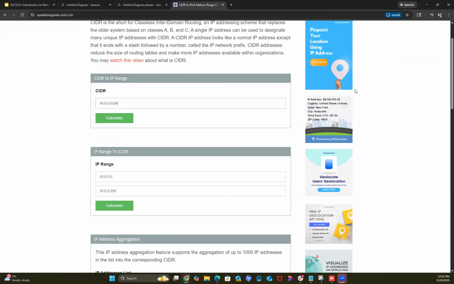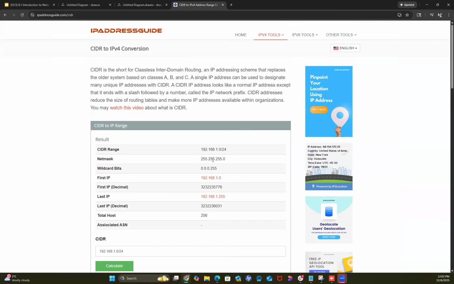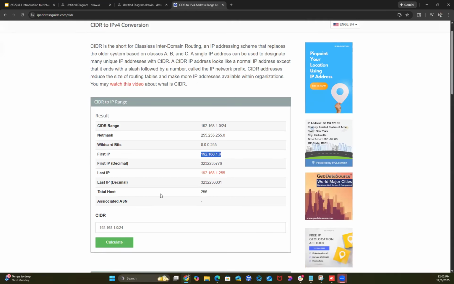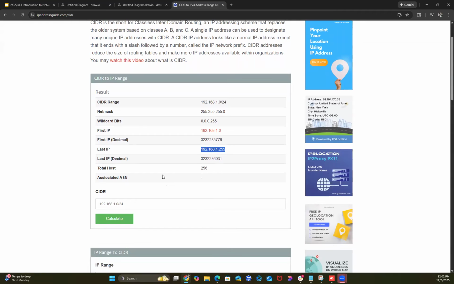Suppose you write 192.168.1.0/24 here. It shows the IP range: the network mask 255.255.255.0, the first IP, the last IP, and total IPs 256.